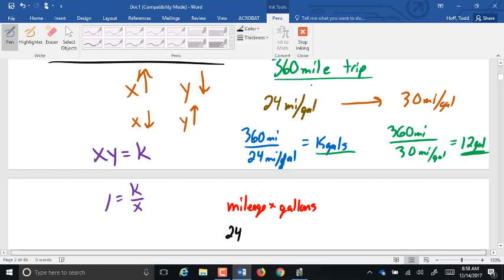Your mileage of 24 miles per gallon times 15 gallons has to equal what you would have over here at 30 miles per gallon times 12 gallons.